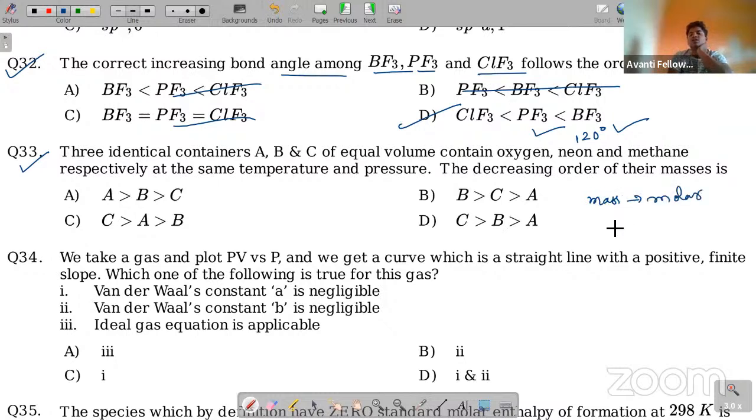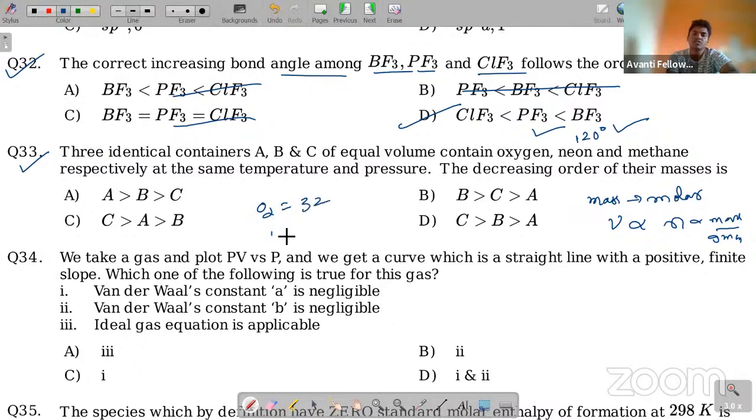The reason is that volume is directly proportional to n, the number of moles, and moles is directly proportional to the mass and inversely proportional to the gram molecular mass. So the higher the molecular mass, the higher the weight, and lower the gram molecular mass, lower will be the weight.